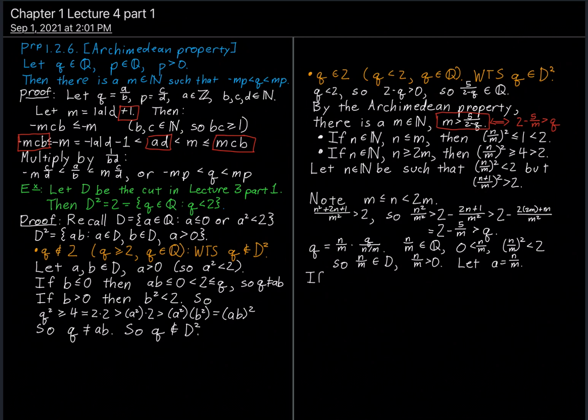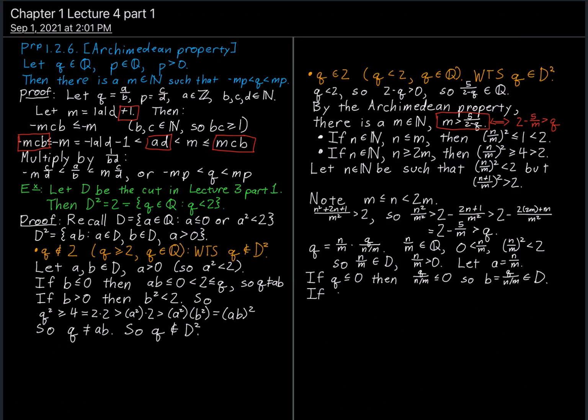So if q is less than or equal to 0, then q over n over m, that's also negative because n and m are both positive. So b of course is q over n over m is in D. So q is in a times b, where a is in D, b is in D, a is positive.